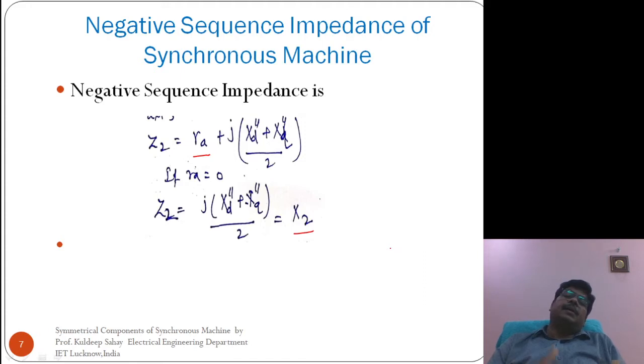This way the current flows opposite to the positive sequence, so it will be rotating at double the synchronous speed. This is the way one can determine it by testing the machine, but in the actual case it will not appear.